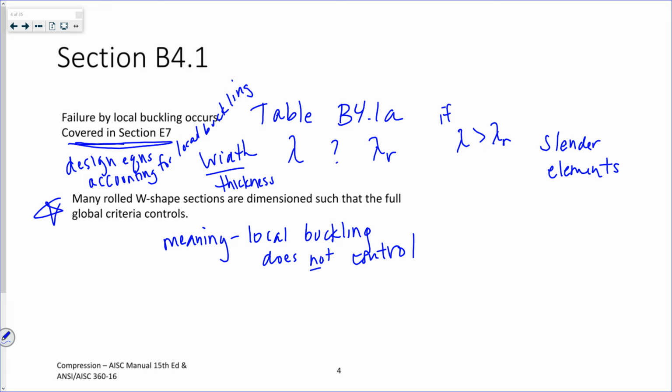They would rather fail globally, as in the entire section failing in flexural buckling or torsional buckling or flexural-torsional buckling, than have a local instance of buckling.